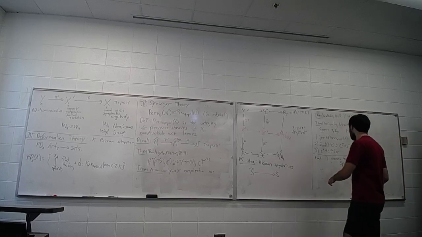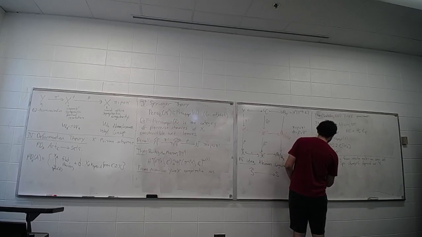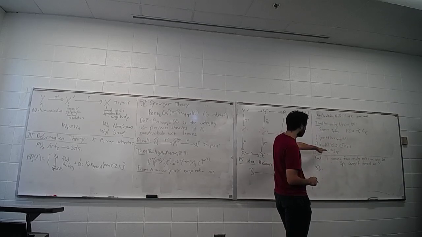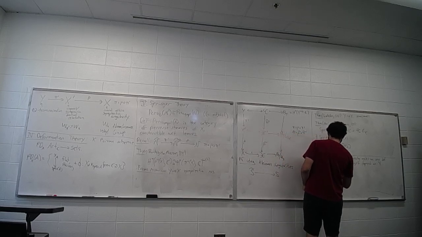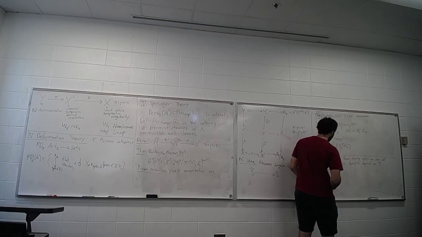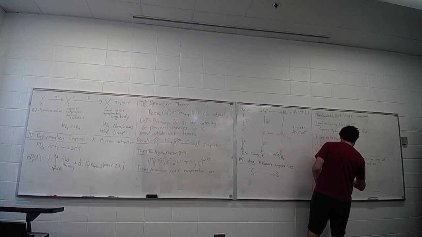The other thing which I wanted to mention is that fact 3 gives us a map from endomorphisms of the Harish-Chandra sheaf to endomorphisms of the Springer sheaf. So in particular, it gives us a map from the group algebra of the normalizer group to endomorphisms of the Springer sheaf.